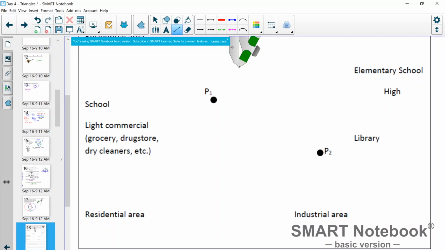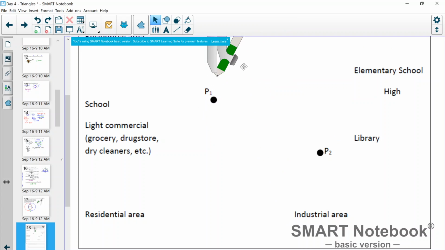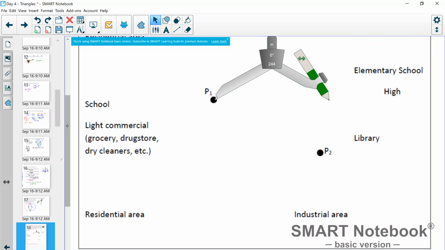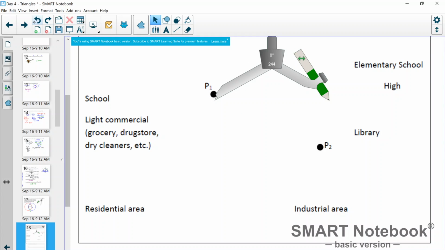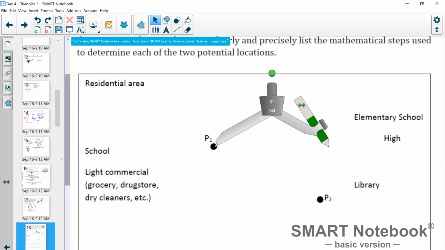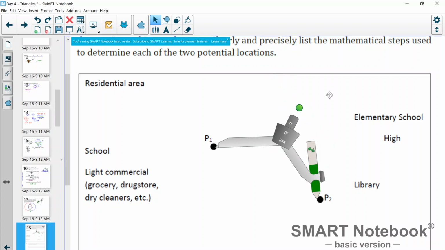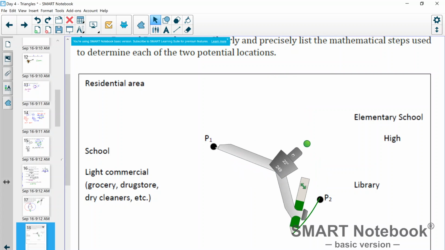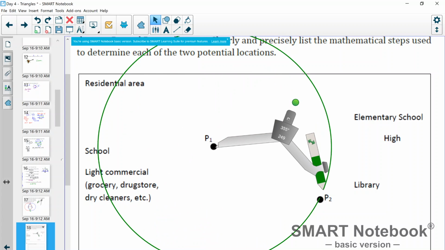We have to use our compass. We are going to place our bullseye on point 1. We're going to open our compass so that we can make sure our pencil is on point 2. And we are going to draw a circle around point 1.